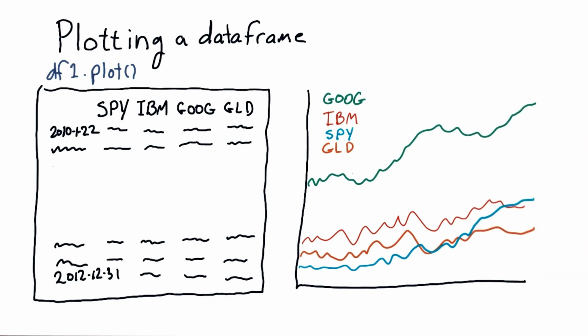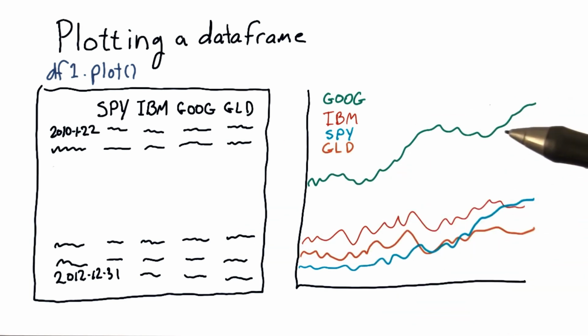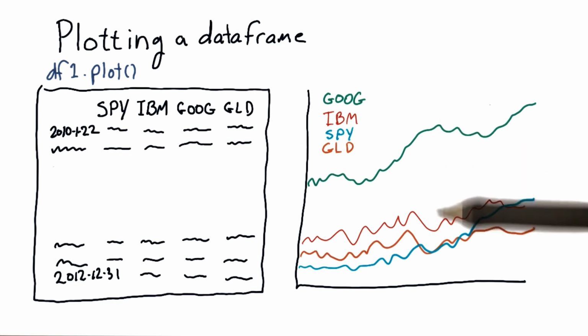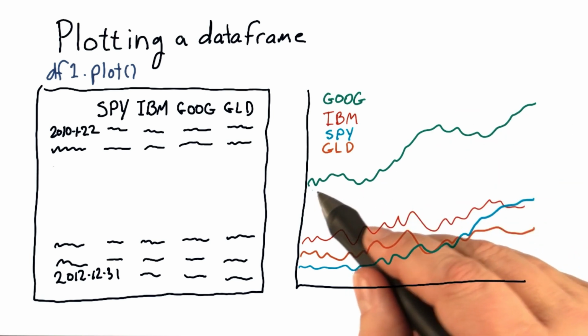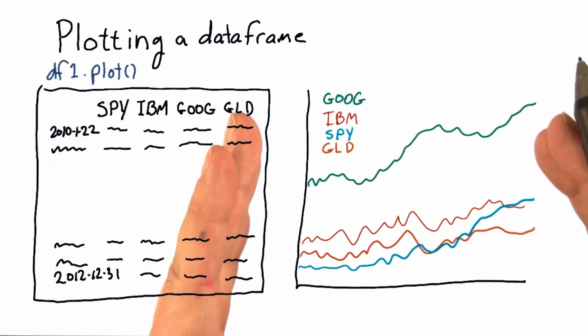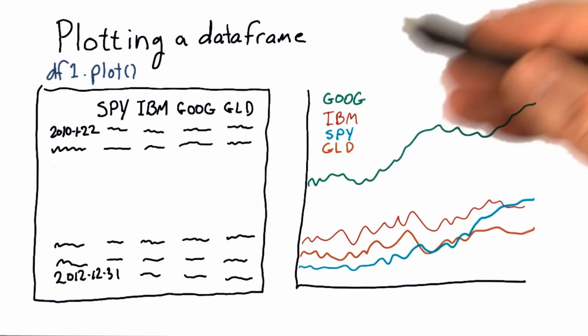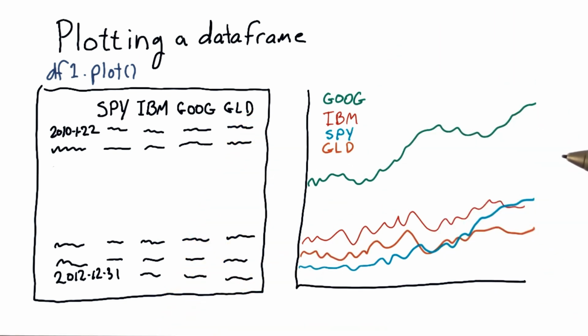Now, one problem with viewing data like this is, for instance, by the way, these numbers are made up, but it's often the case that stocks are priced at significantly different levels. So in this example, say Google had a very high price and the other stocks had low prices, and it's hard to compare them in a good way when they have these widely varying prices.